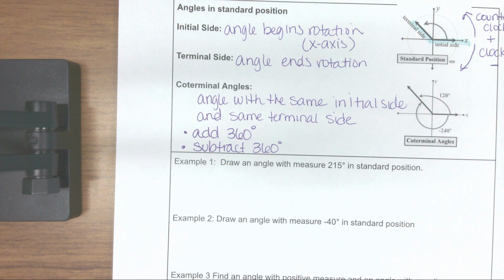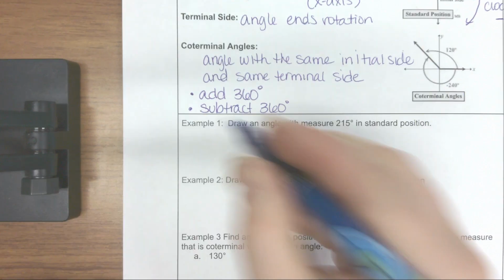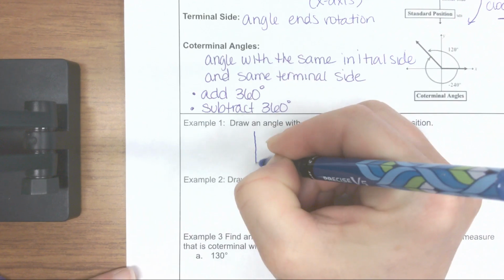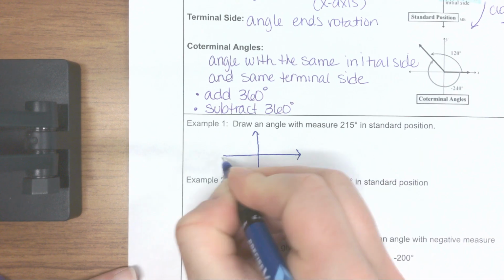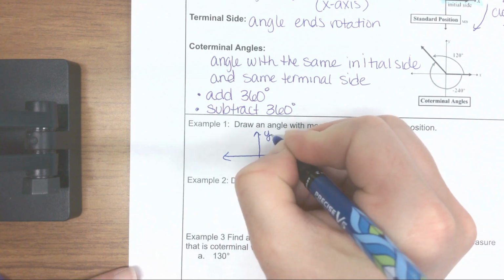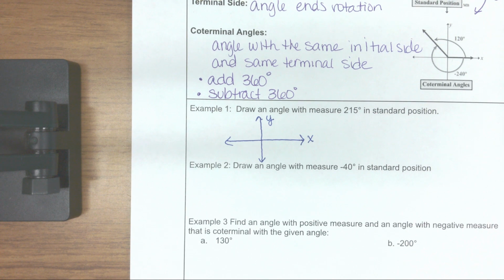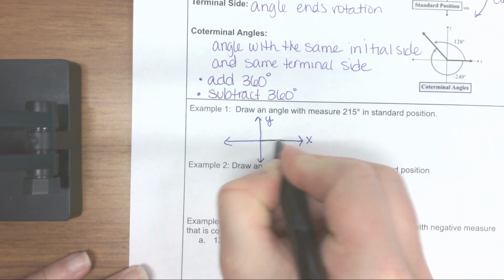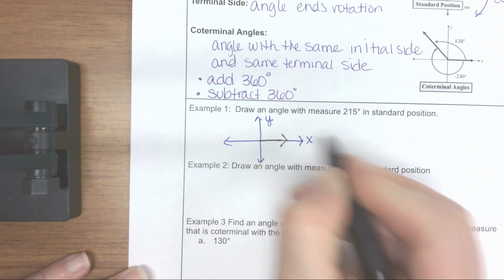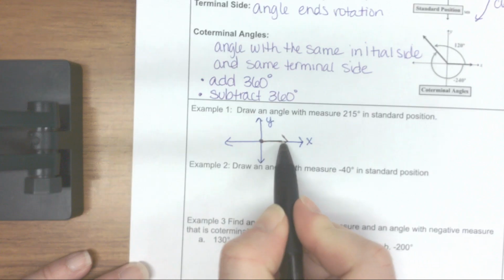So what I want us to do is draw an XY axis underneath example 1. I'll do this with a different color. We're going to have the initial side come out like we talked about. The vertex of the angle is the origin, and the initial side is along that x-axis.